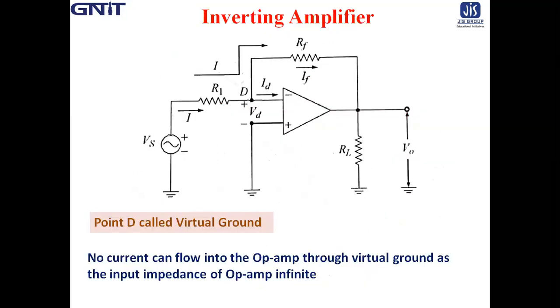Next, we move to the amplifier configurations. Remember that in an op-amp there are two types of input terminals. The negative terminal, or pin number 2, is called the inverting input terminal, and the positive terminal, that is pin number 3, is called the non-inverting input terminal.